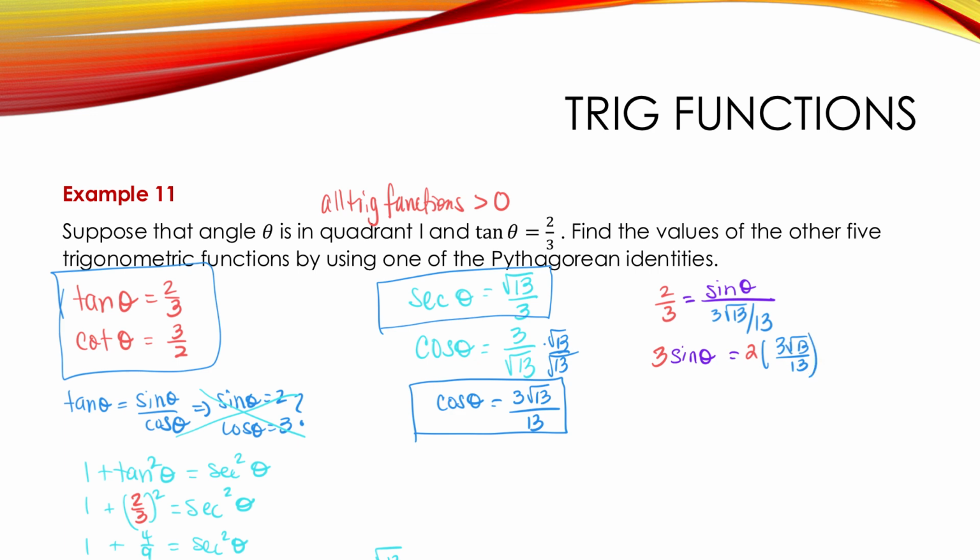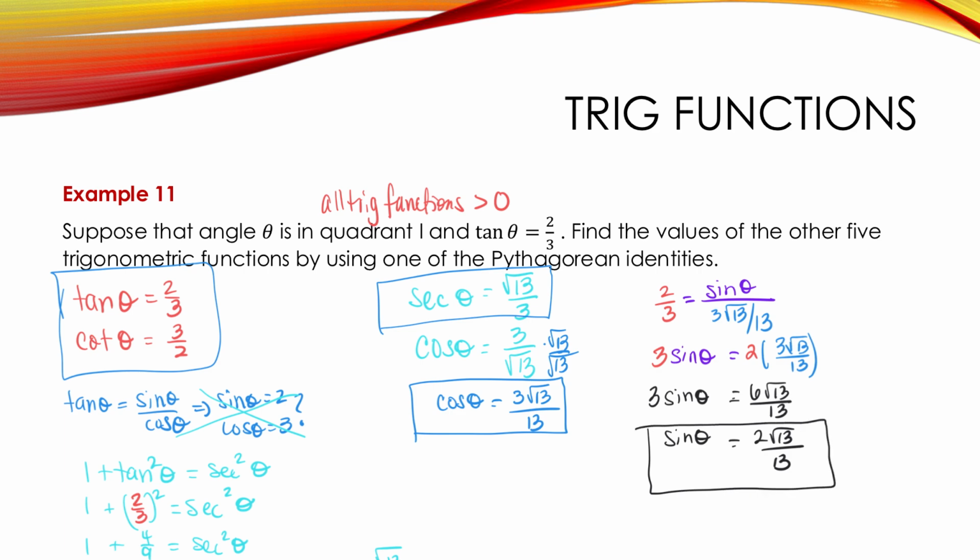Which tells us then, I'm going to switch into just one color from here, 3 sine theta is now 6 root 13 over 13. Or sine theta, if I divide it by 3, 6 divided by 3 is 2 root 13 over 13.